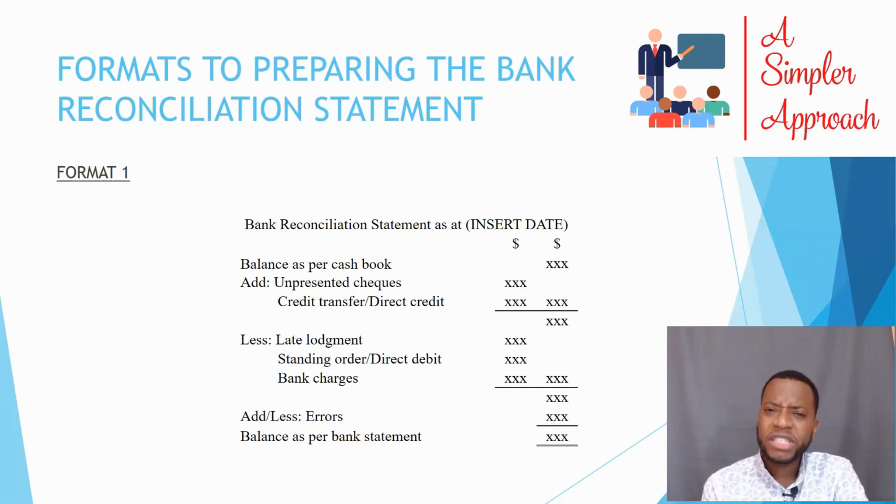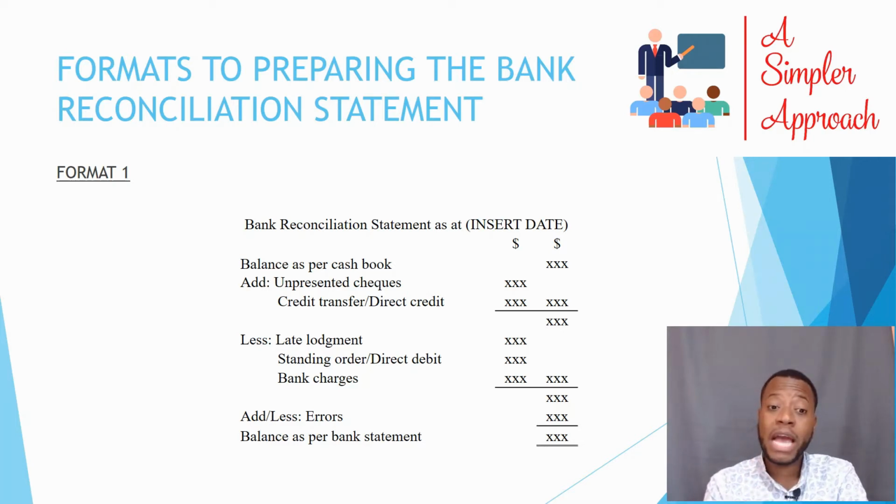A little money missing here, a little money missing there. X was overstated, X was understated. Whatever the error is, sort out the error there, and depending on what the error is, you either add it or subtract it. And then when that is through, you will have the balance as per bank statement. All right? This is the full one.